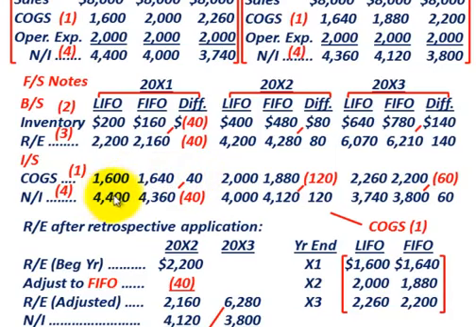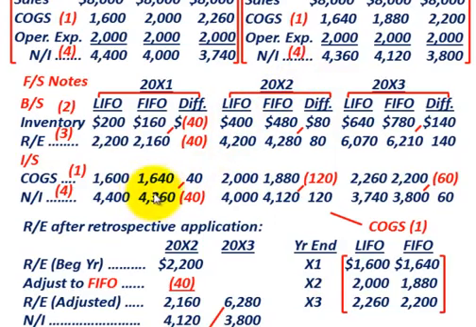So our net income, remember we calculated, let's go back and look at that. For LIFO we had 4,400 that we calculated, versus FIFO sitting at 4,360. So that's 4,360 over here.